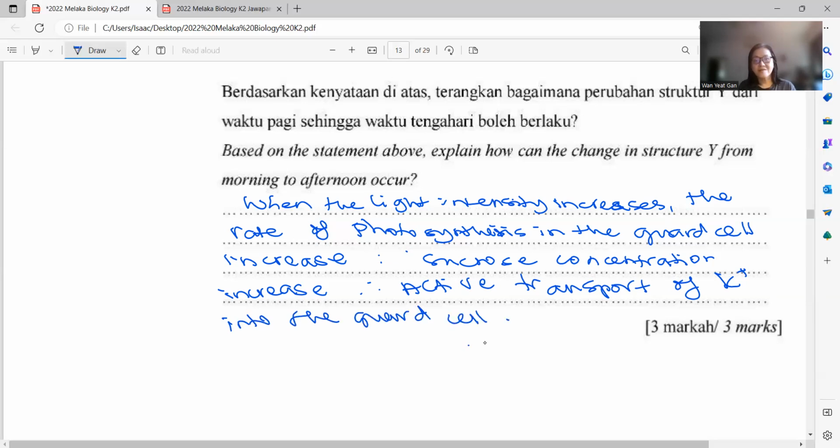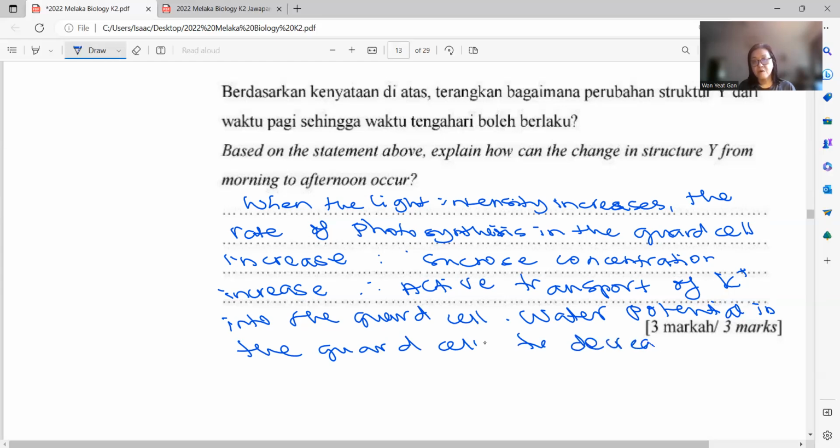So these two cause the water potential in the guard cells to decrease, whereas the solute potential in the guard cells increases.